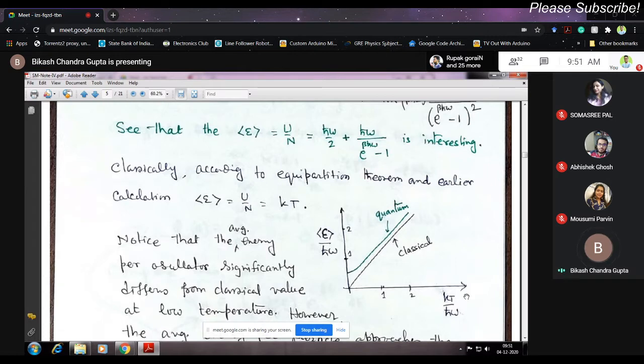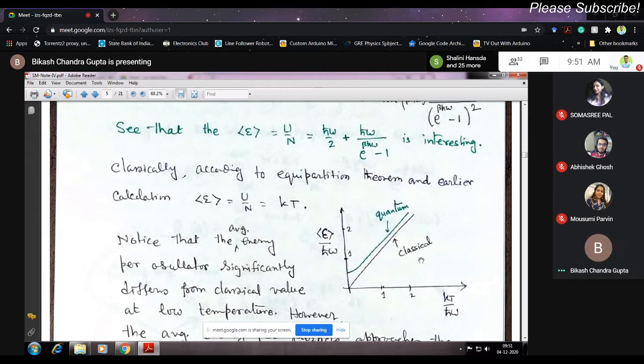So you see, this is half plus kT by h cut omega you are plotting, and kT by h cut omega is very large. Then the half that is remaining is negligibly small with respect to kT by h cut omega.